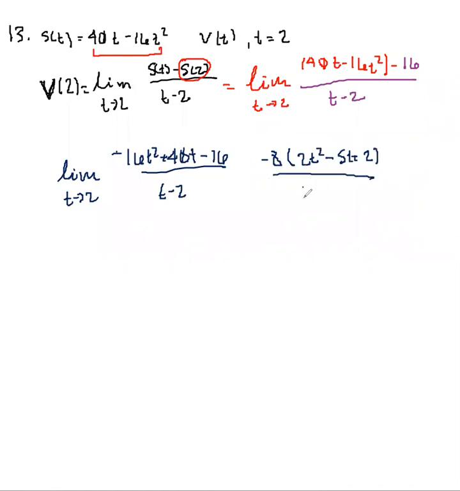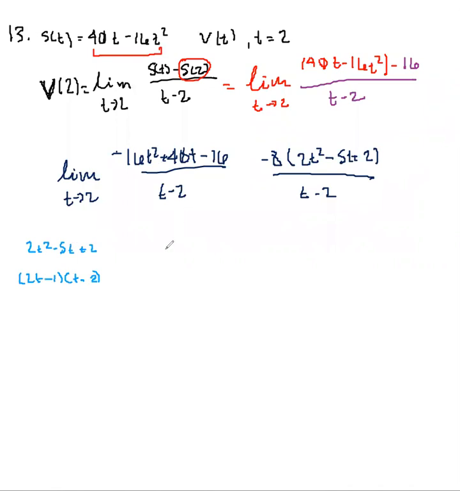And that's over t minus 2. So let's break this down even further. This is 2t squared minus 5t plus 2, so this is t minus 2 times 2t minus 1.